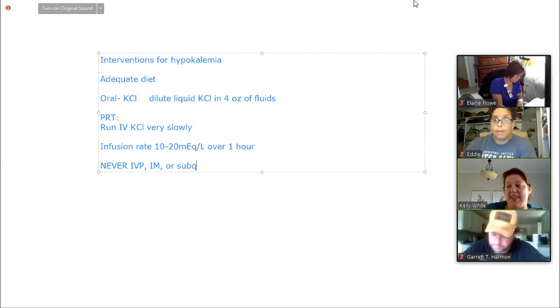Okay? That is how they do lethal injection. They give you propofol and Versed, and then they give you a massive dose of IV push potassium, and that's what stops their heart. Okay? So never, ever, ever, ever give IV potassium IV push. Okay?